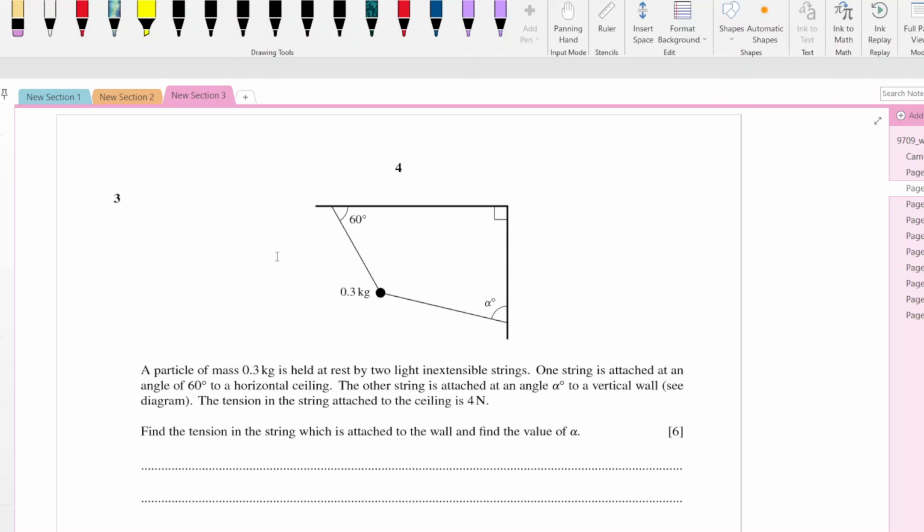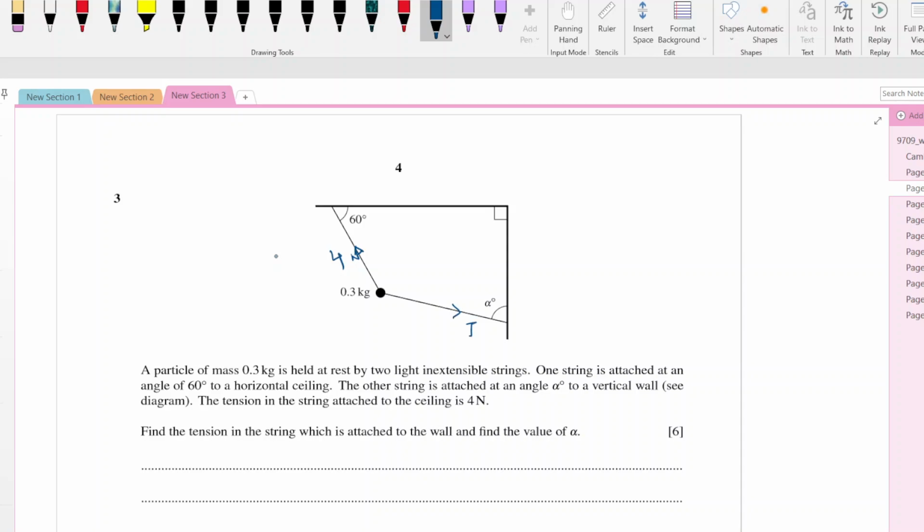The other string is attached at angle alpha to a vertical wall. The tension in the string attached to the ceiling is 4 Newtons. Now, this is 4 Newtons, and this is T.